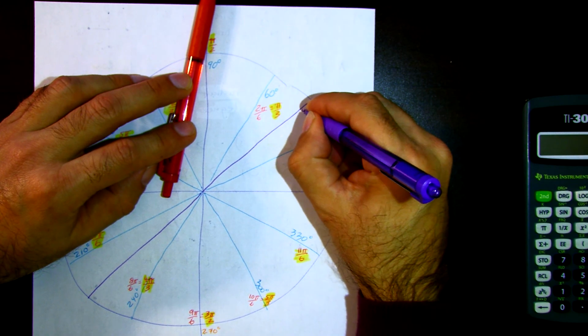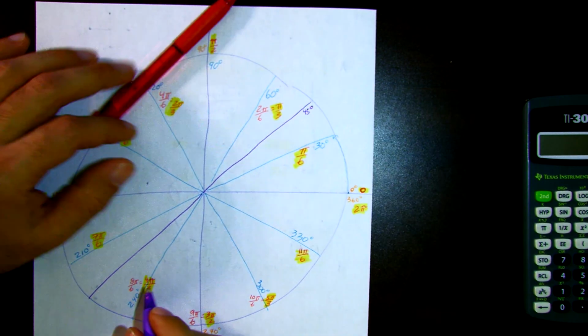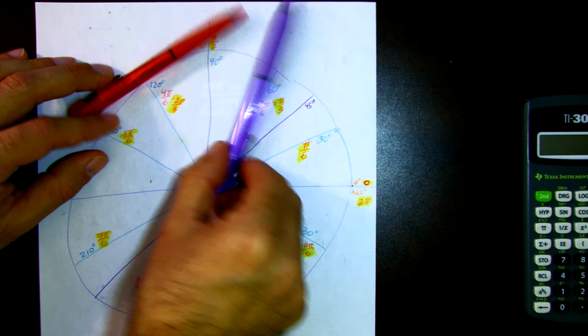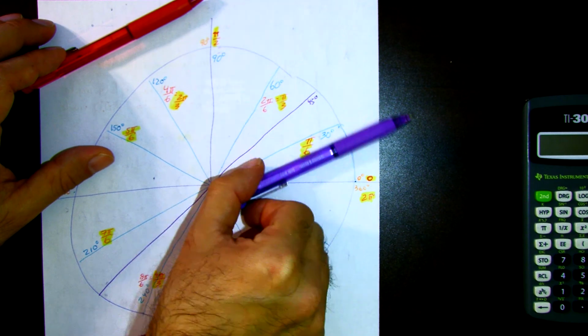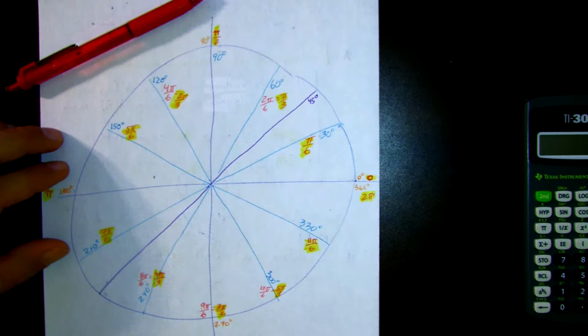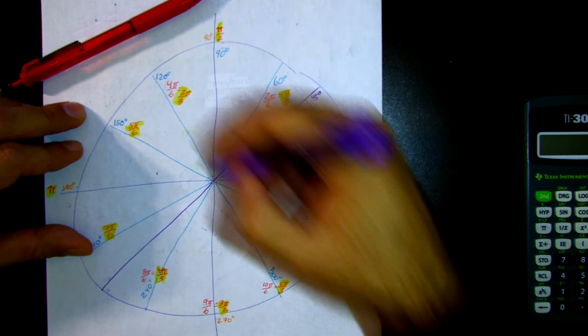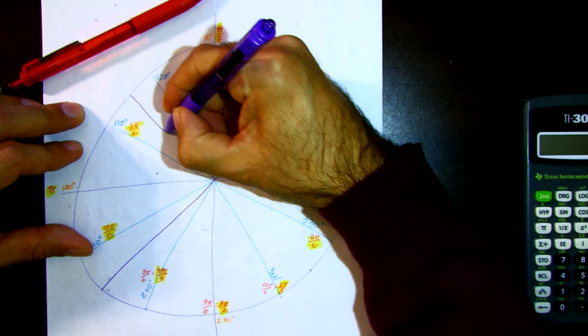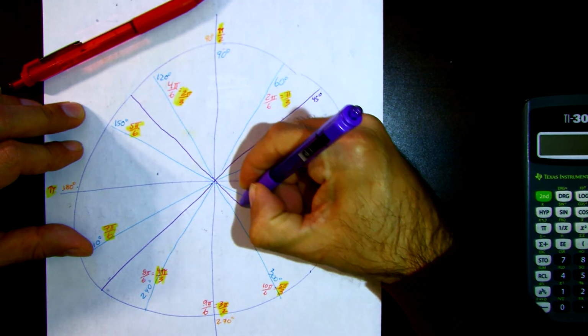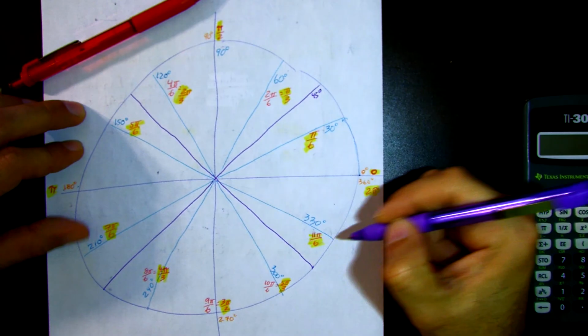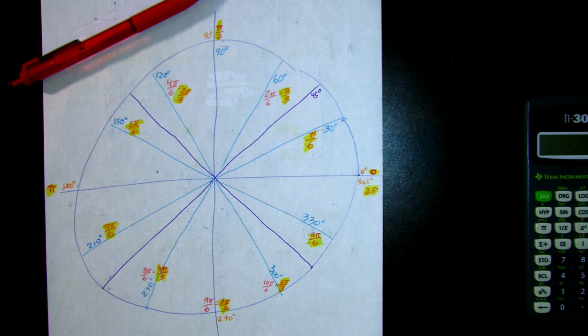So again, we're putting the 45 degree halfway in between. And then we're going to do the other side here, that way as well.